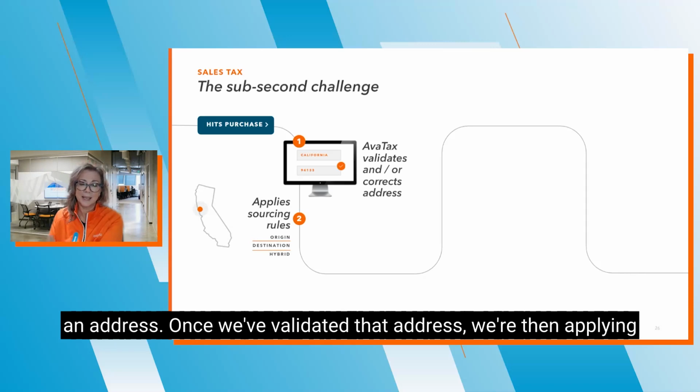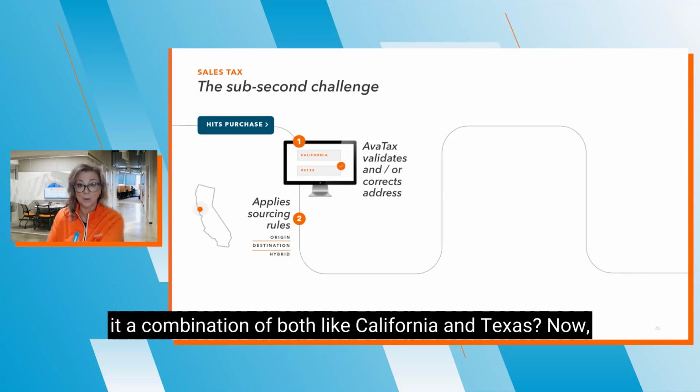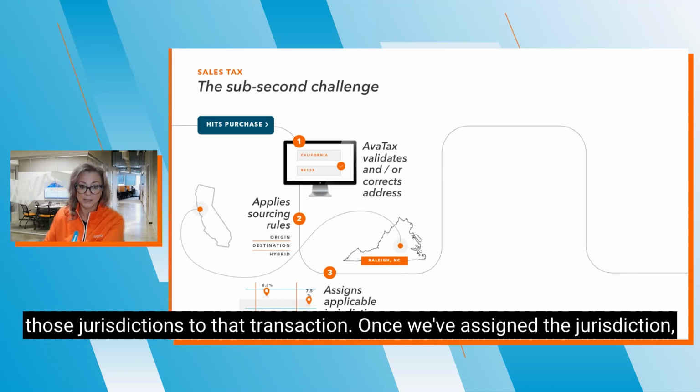Once we've validated that address, we're then applying those sourcing rules. Is it origination? Is it destination? Is it a combination of both, like California and Texas? Now, once we've decided what those sourcing rules are, we're assigning those jurisdictions to that transaction.